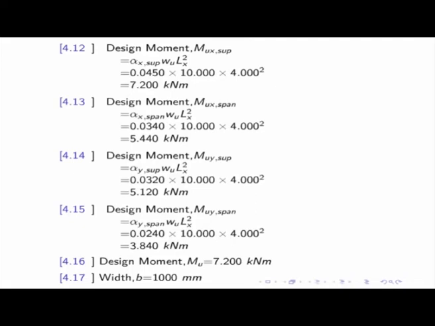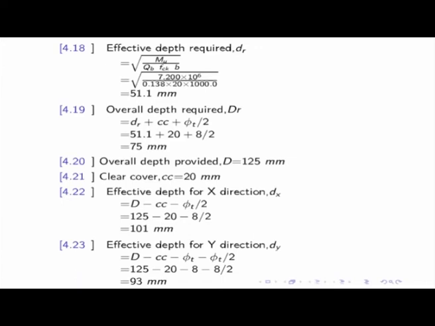Coming to the next, effective depth required is the square root of Mu by Q b fck. So 7.2 into 10 to the power 6 by 0.138 fck b, which is coming 51.1 millimeter, very less, 51.1 millimeter. Overall depth required D r means 51.1 plus clear cover plus diameter, which is coming say 75 millimeter only.